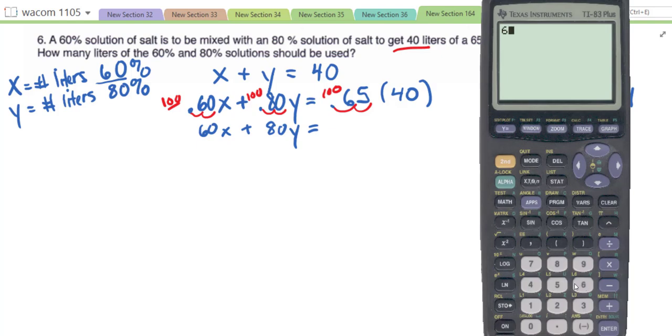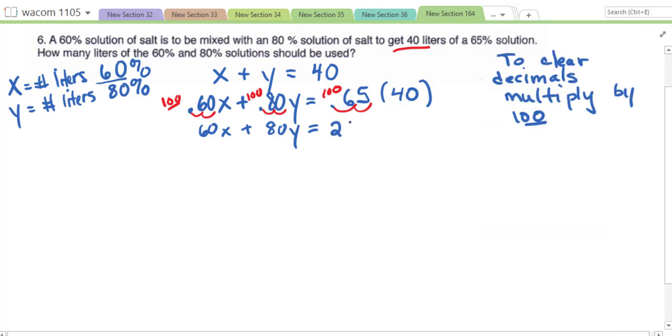All right. 65 times 40. It's because that's the only calculator I have an emulator for right now. So 2600. All right. And I'm going to bring my other equation down here. So I have x plus y equals 40.